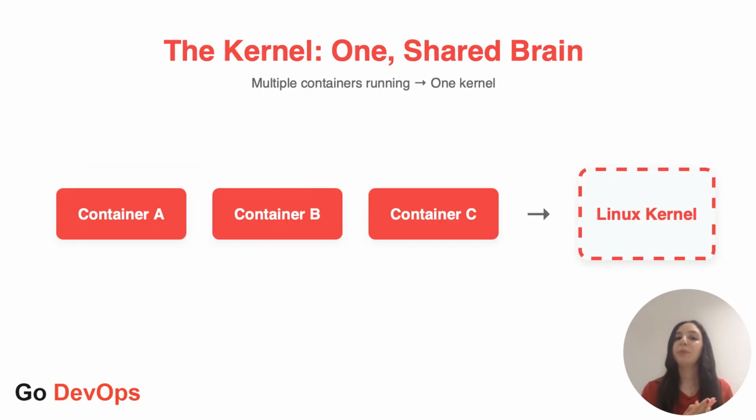So now that we've prepared the container environment and set up all the necessary isolation, let's talk about the shared brain, which is the host kernel. All containers on the host share the same Linux kernel, unlike virtual machines, which each run their own full operating system. Containers rely on the host kernel to manage things like system calls, process scheduling, and network communication.